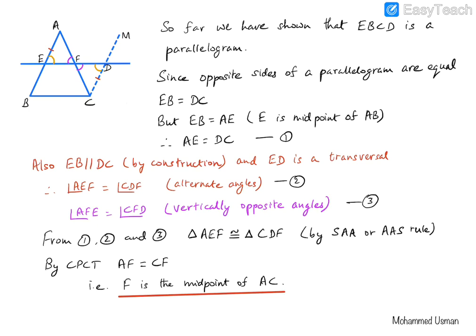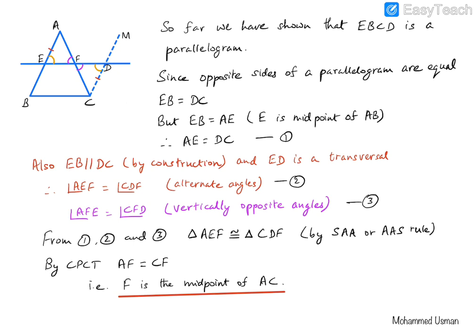So for this line segment, EB and DC intersected by the transversal ED, angle AEF and angle CDF are alternate angles. So angle AEF marked by this orange angle here, and the angle CDF marked by this orange angle here, these two are equal. So AEF is equal to CDF, and also angle AFE is equal to angle CFD because they are vertically opposite angles.